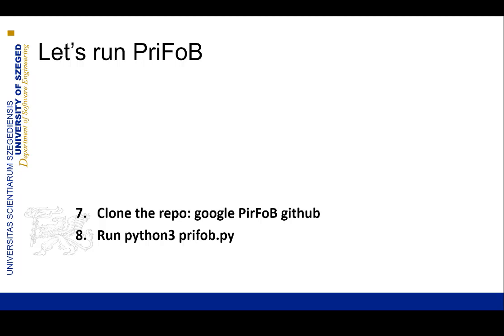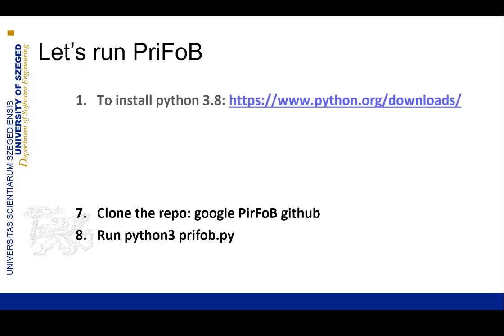So we ran PriFoB and it didn't work, so let's see what's missing. We do have Python, we didn't have a problem with this, but if you don't have Python, you can download it. If you don't have apt, you can download it as well.